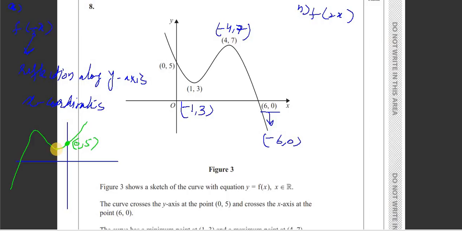This minimum point, which was 1,3, should now be minus 1 on the other side, so minus 1,3. This point, 4,7, is now minus 4,7, and the x-intercept is now minus 6,0. So this is the graph of f of minus x.